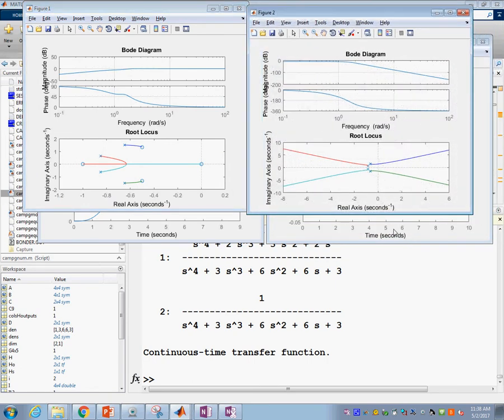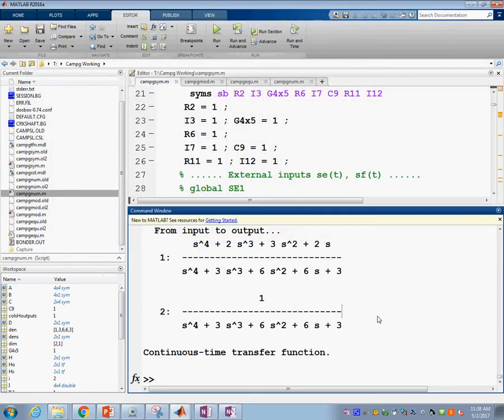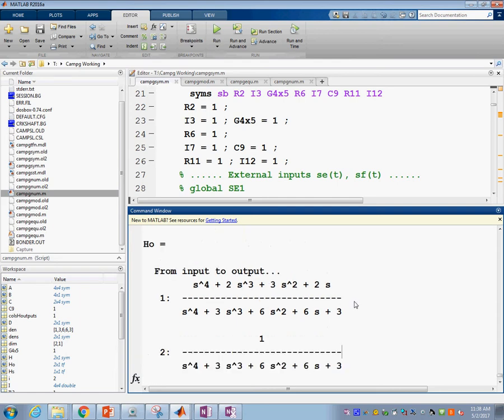So my point is that you can get the automated transfer functions just by giving it the output here, in symbolic form or in numeric form. If you put numbers, you can also do a step input, impulse response, and you can get the root locus and the Bode plots. But at this point, the main objective was to obtain the transfer functions.